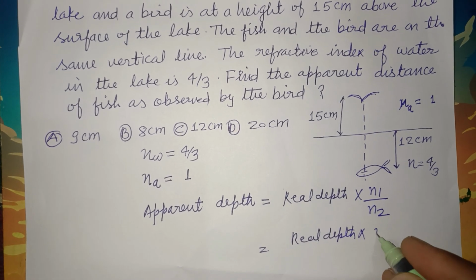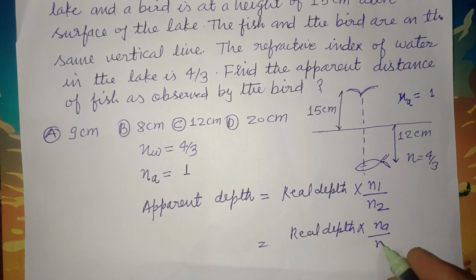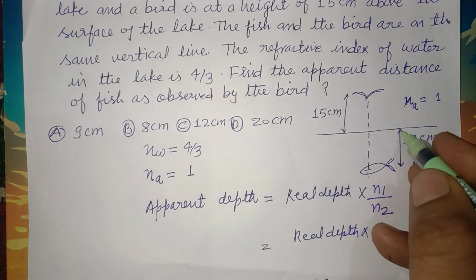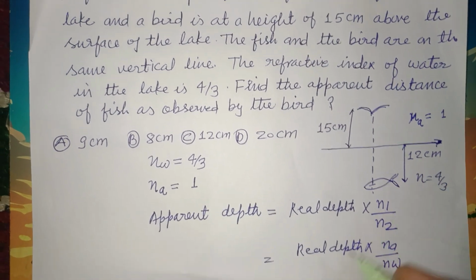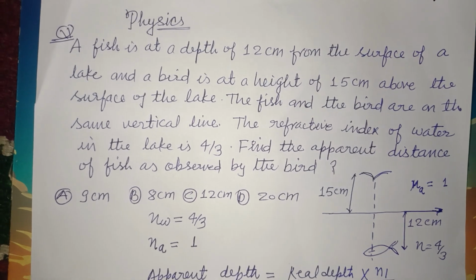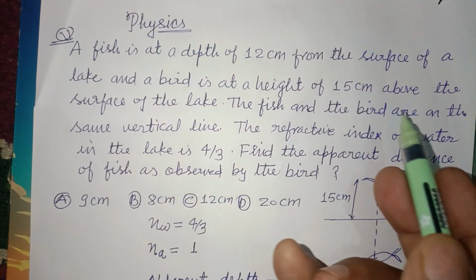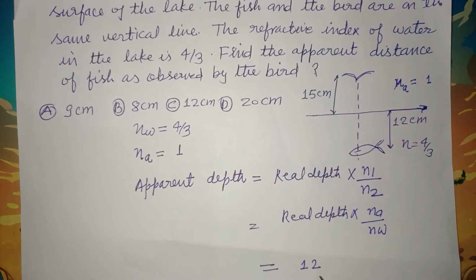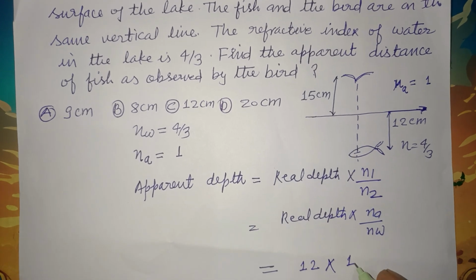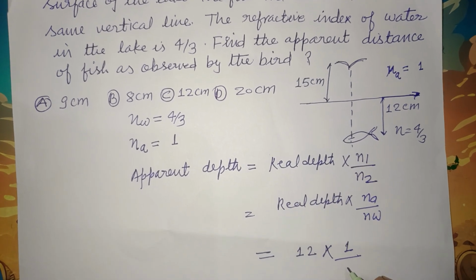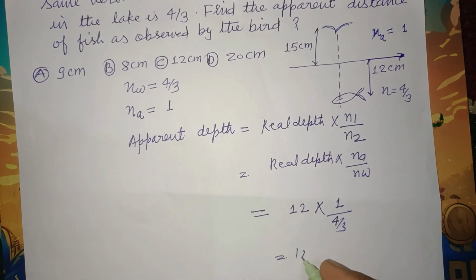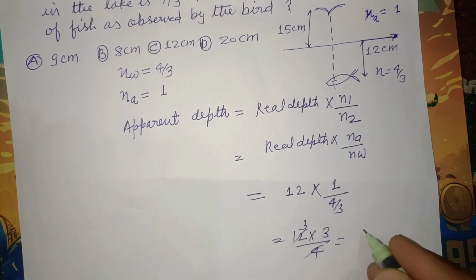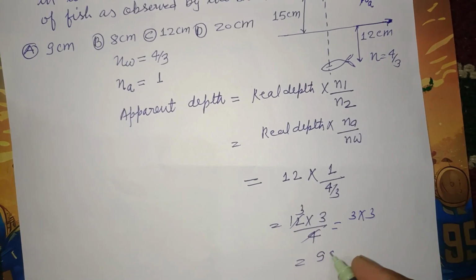First medium is air and second medium is water, and real depth is 12 centimeter below the lake surface. So 12, n is 1 and n_w is 4 by 3. Therefore 12 into 3 upon 4, 4 3s are 12, 3 into 3, that is 9 centimeter.